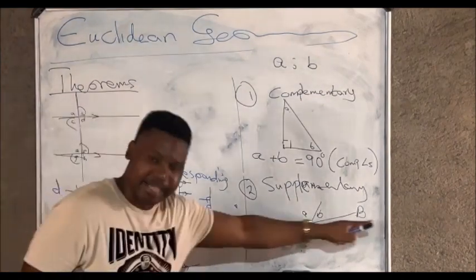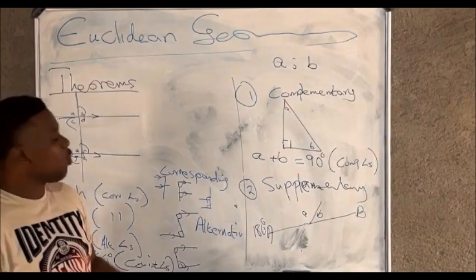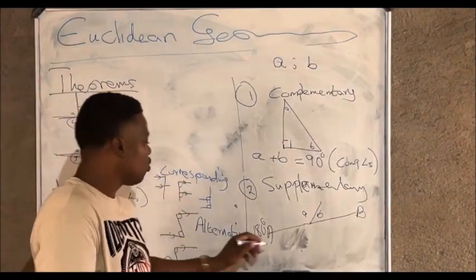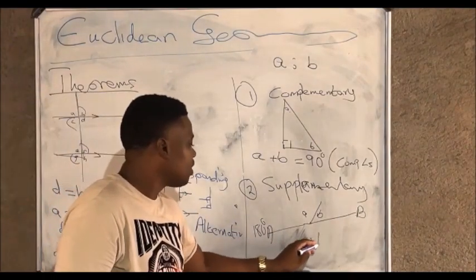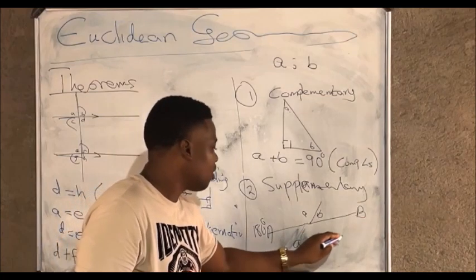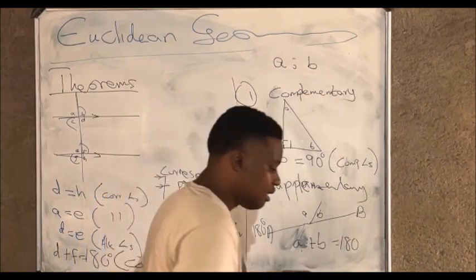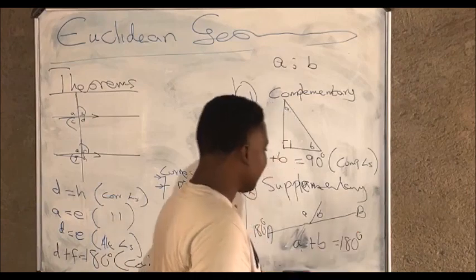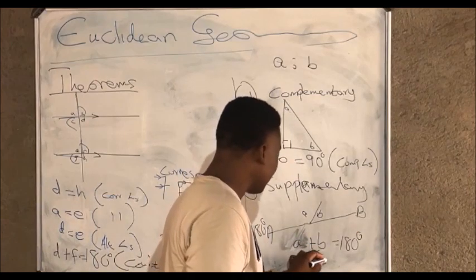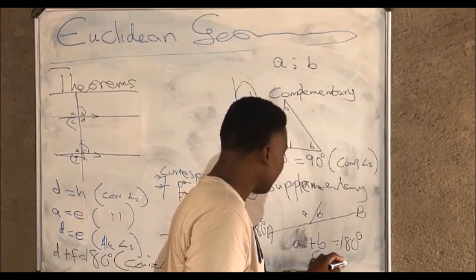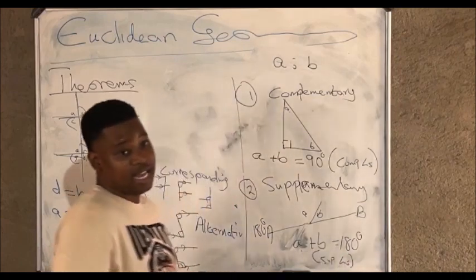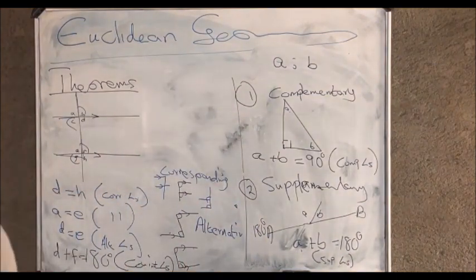It has to be a straight line. Once it's a straight line, we can conclude that angle A and angle B equal 180. The reason is supplementary angles.